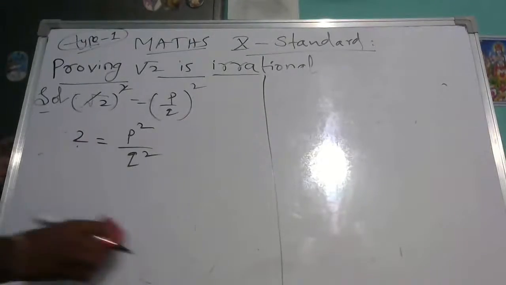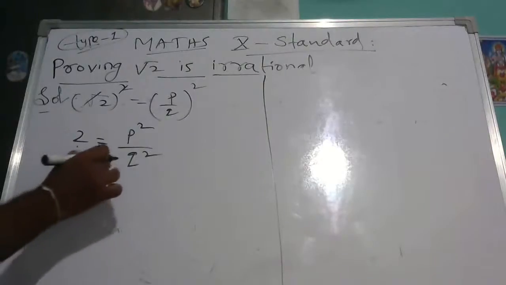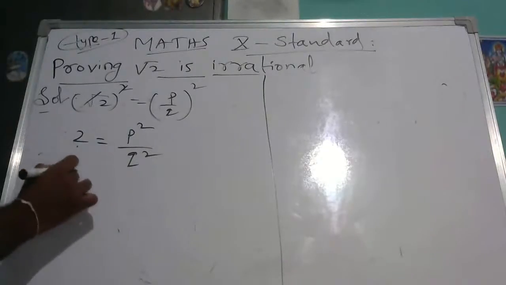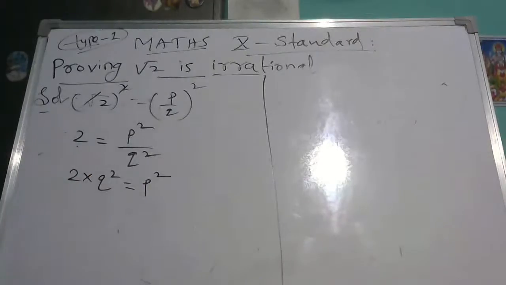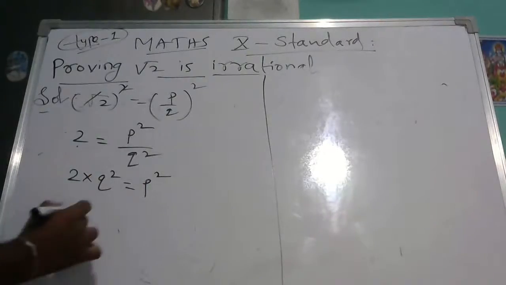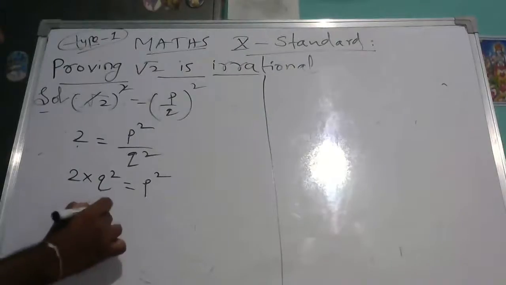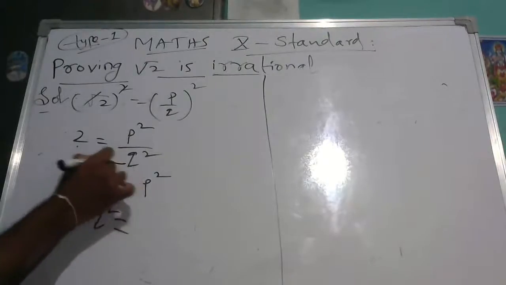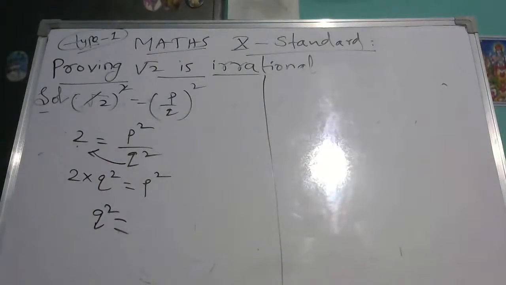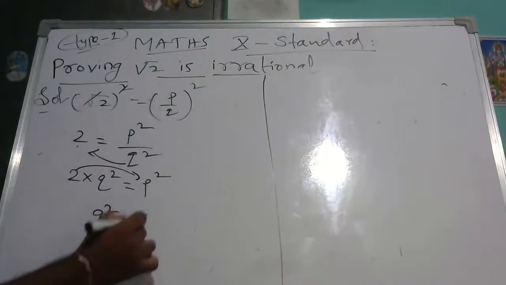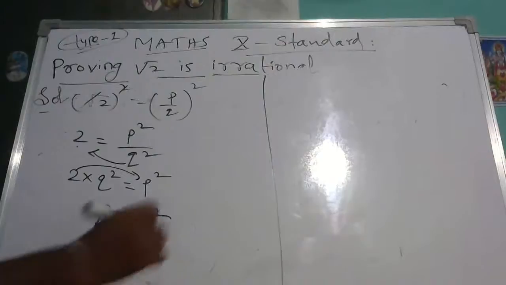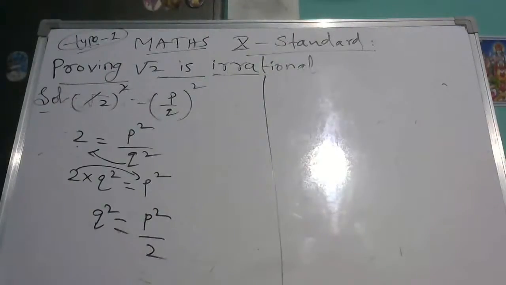Q square is in division mode, so sending it to the LHS, it becomes 2 into q square is equal to p square. Now I'm sending 2 to the right hand side: q square is equal to p square by 2.